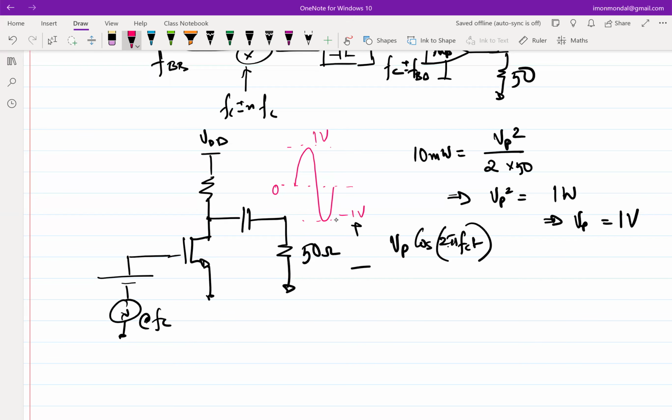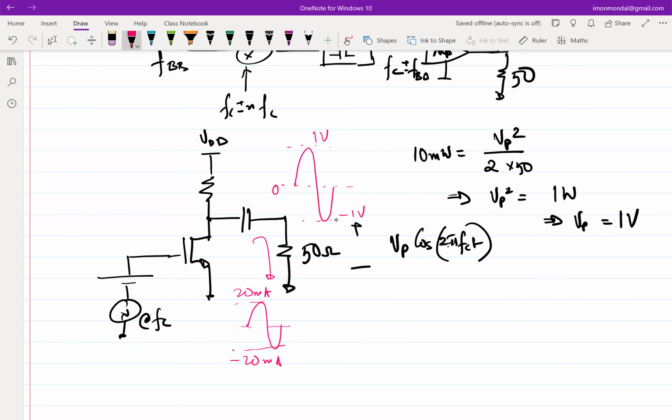One volt by 50 ohm is 20 milliamps. So you want a current sinusoid, which goes from 20 milliamps to minus 20 milliamps.